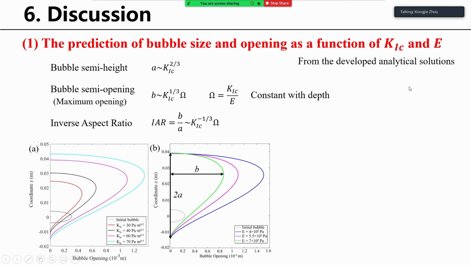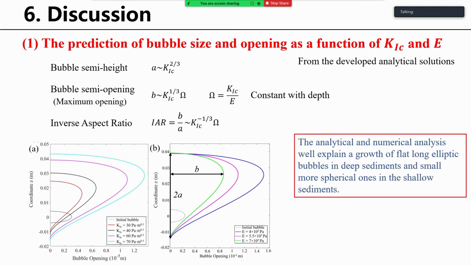Okay, omega is constant with depth, which means higher K1C and higher E in the deeper sediments. So the analytical and the numerical analysis explain the growth of flat, long, elliptic bubbles in deep sediments and small, more spherical ones in the shallow sediments.